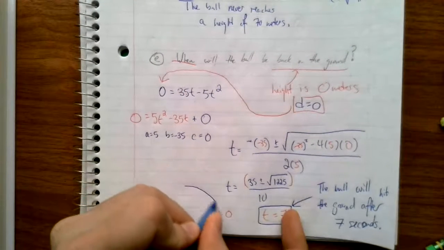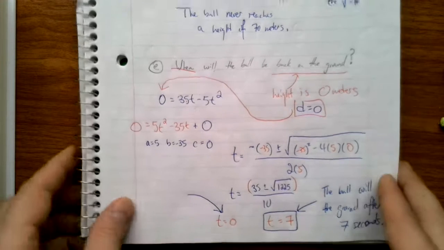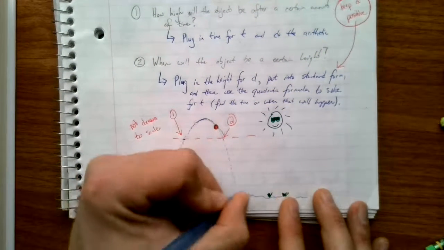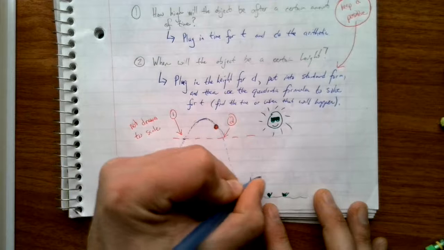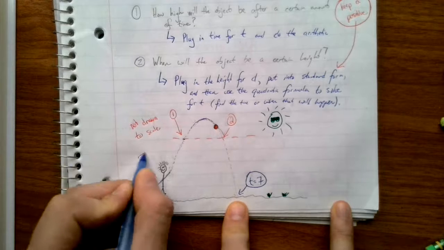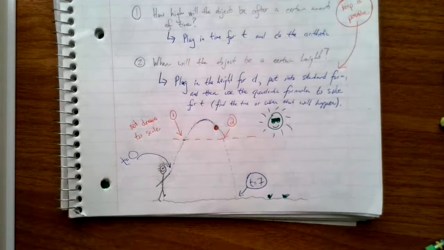The reason why we're getting this second value of t equals 0, in order to explain that, we're just going to go back to that original awesome drawing that you saw. So we can think of this location here as when the ball hits the ground after 7 seconds. The reason why we get that t value of 0 is essentially the moment that the ball is put into motion.